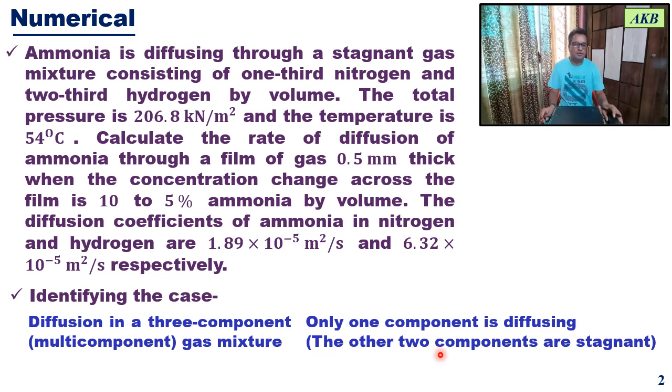So the case is now identified. Now after that, let us solve. Once we know what the case is, because identification of the case will help us to know which equations are to be used for solving the numerical. Multi-component gas mixture, only one component diffusing, all other components are stagnant. Okay, so let us move ahead.